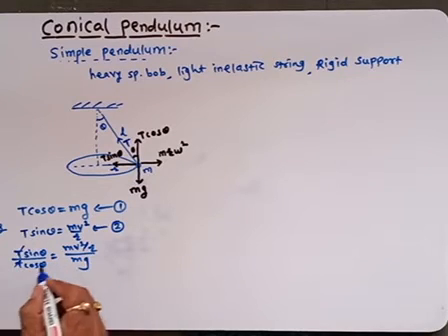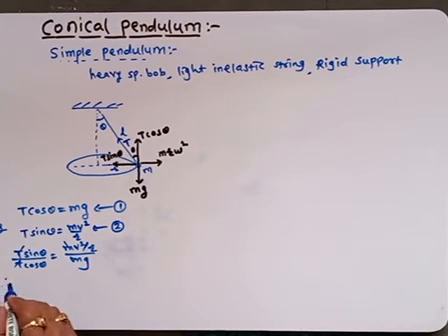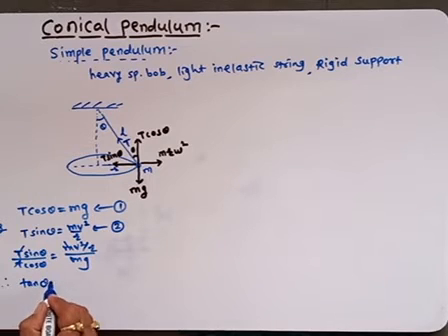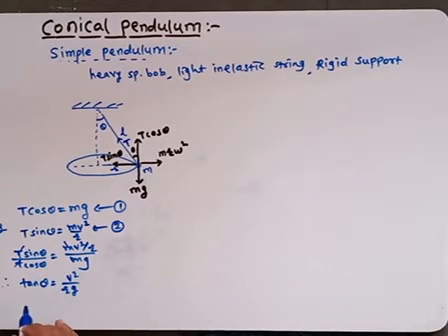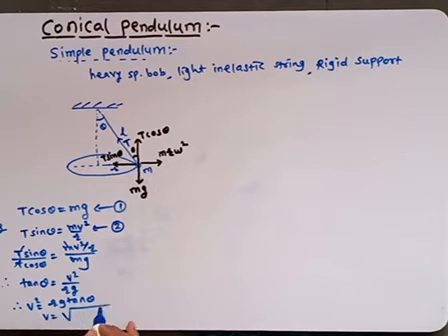Here T gets cancelled, m gets cancelled, and therefore tan theta is equal to v square upon r g, and therefore v square is equal to r g tan theta, or v is equal to square root of r g tan theta. Suppose this is equation number 3.